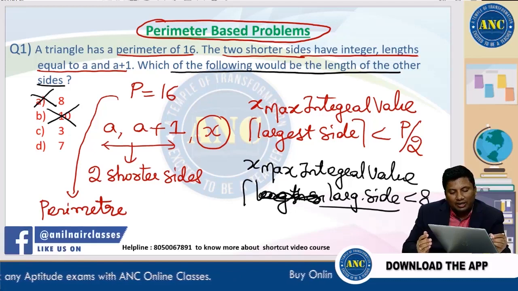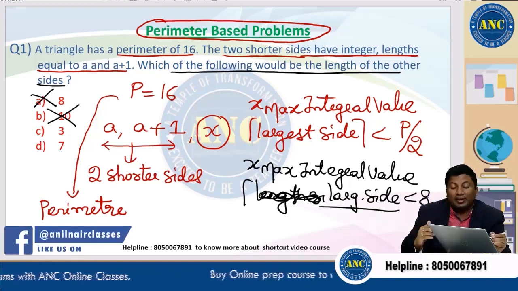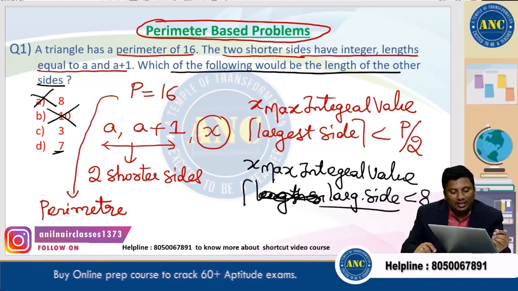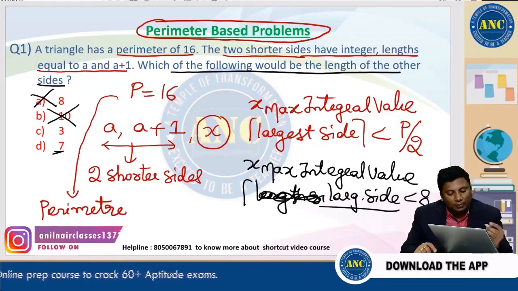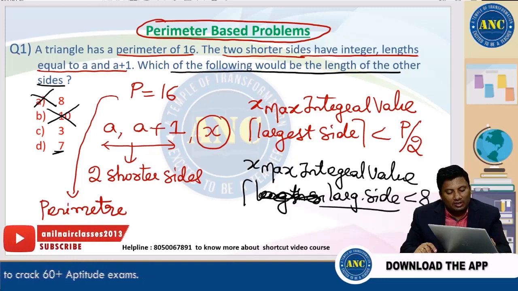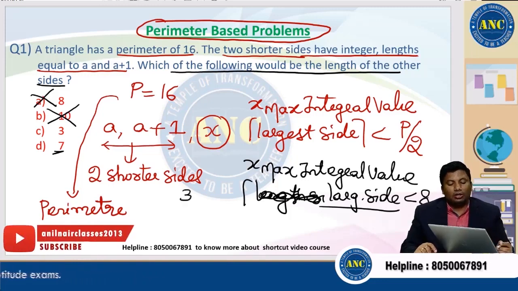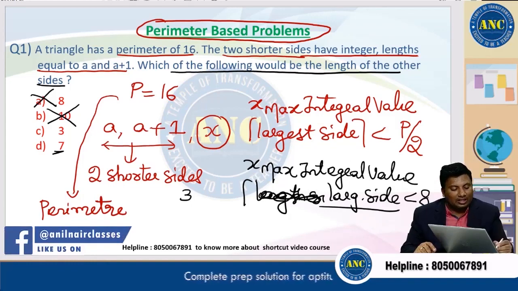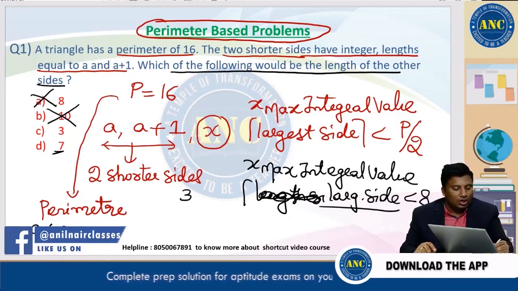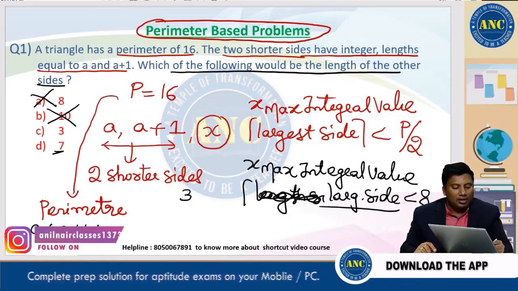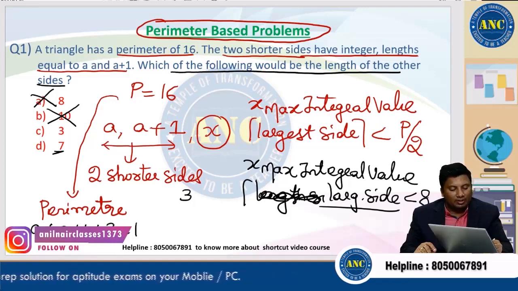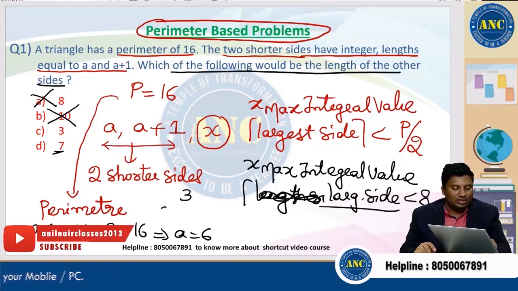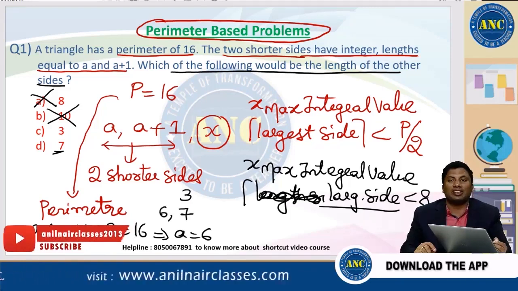Now we are stuck between two options, 3 and 7, because both are less than 8. Suppose I take it as 3, the largest side value is 3. Then what are the other two sides? A plus A plus 1 plus 3 is 16, so A is 6. So the other two sides will be 6 and 7.